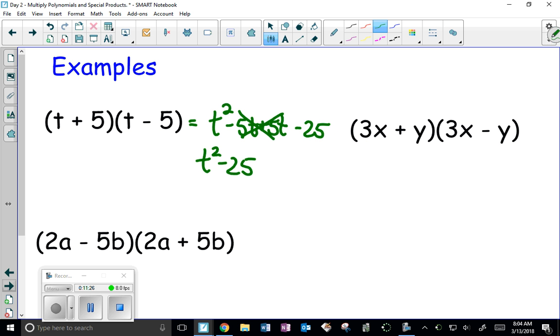Are you foiling, or are you just jumping right to the answer? No, foiling. Okay. Then the outer terms would be 3x times negative y.